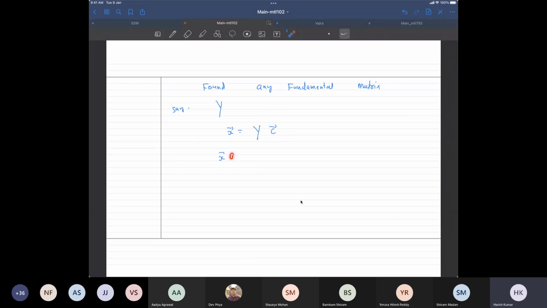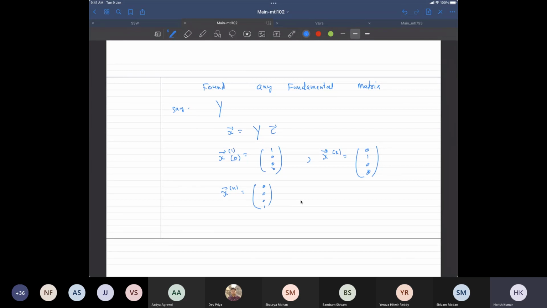I want X(0). So let's say I want my first linearly independent solution to satisfy an initial condition, something like this. Similarly, I want my second linearly independent solution to satisfy this initial condition. And I want my nth vector solution to satisfy this initial condition.